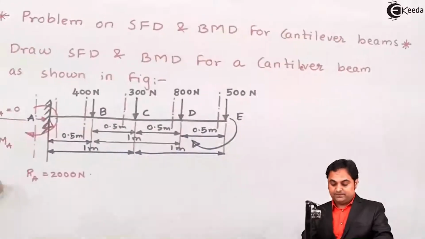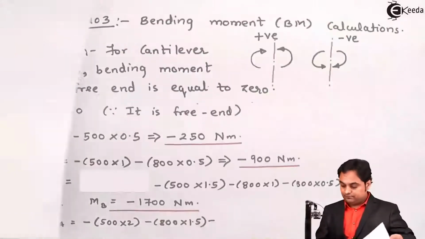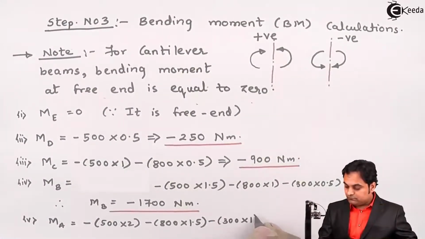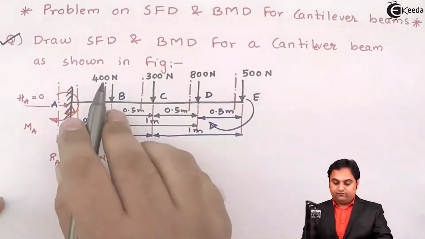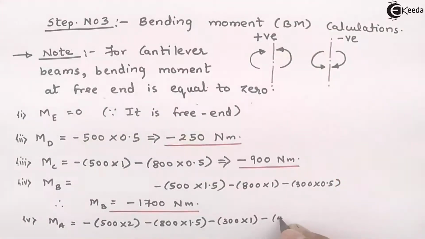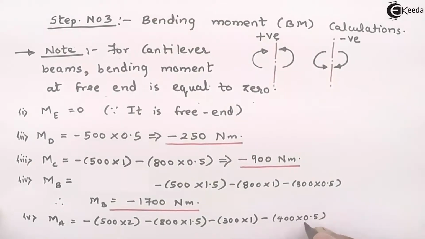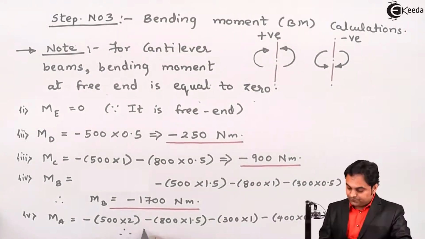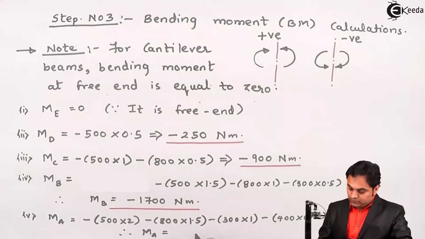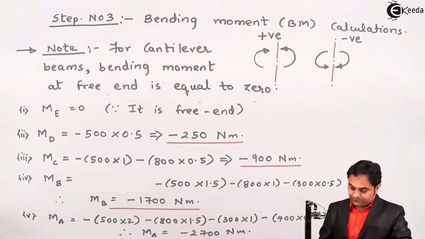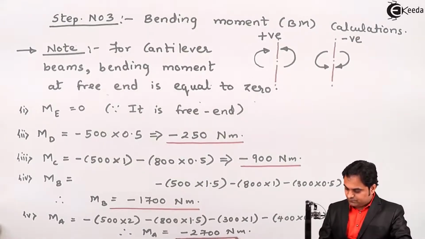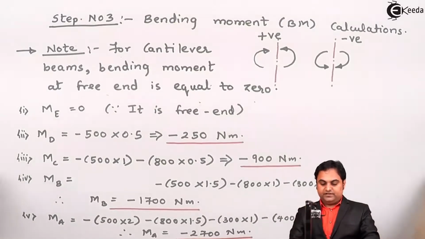Next, minus 300 into 1, minus 400 into 0.5. So this gives me the value as minus 2700 Newton meter. So these are the values of bending moment, and now we can plot them onto the bending moment diagram.